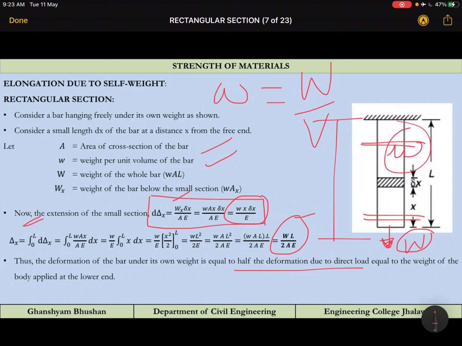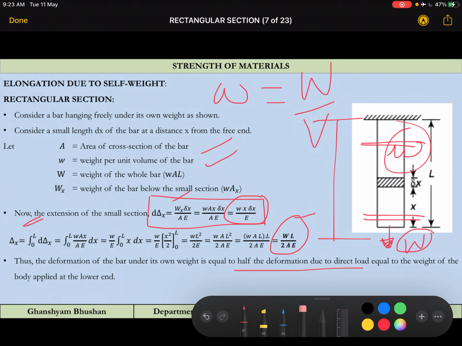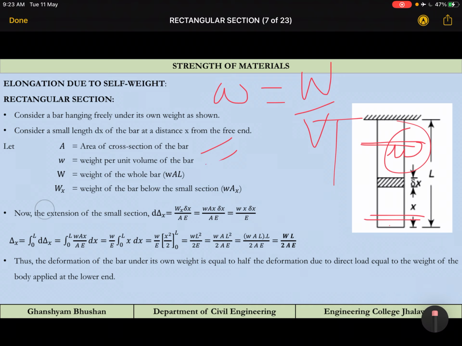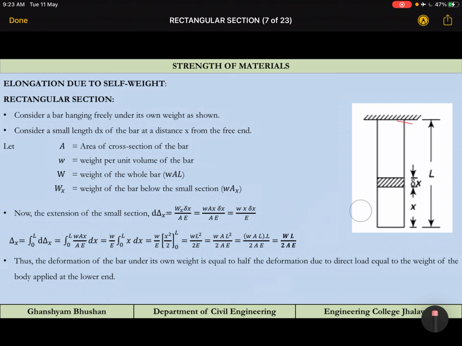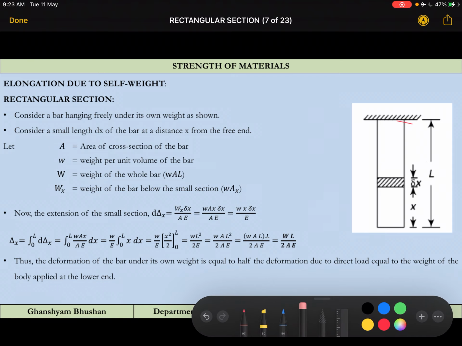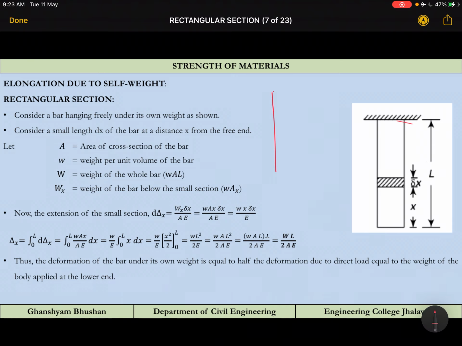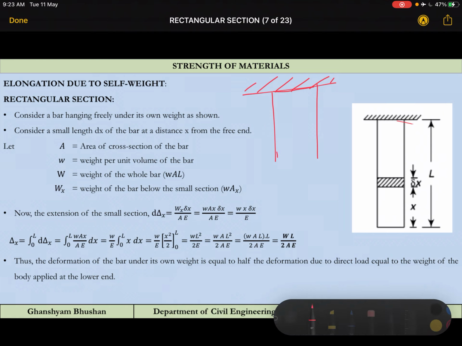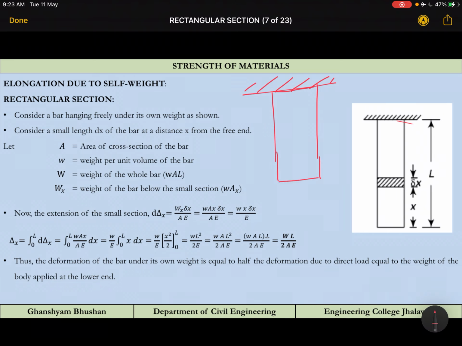So this result can be obtained in another manner also. Let me show you how you can directly get this WL by 2E. If this is our bar, only the weight is acting.